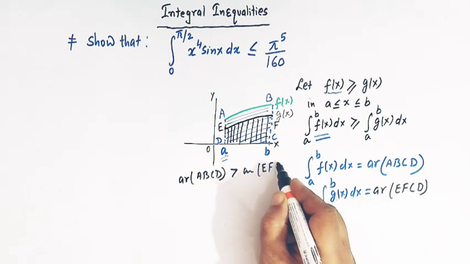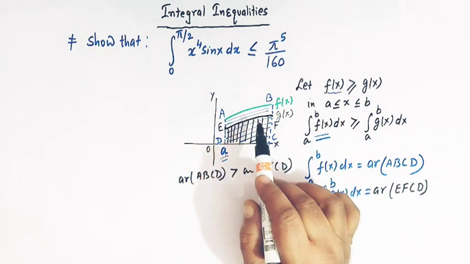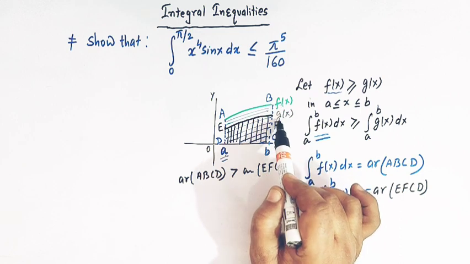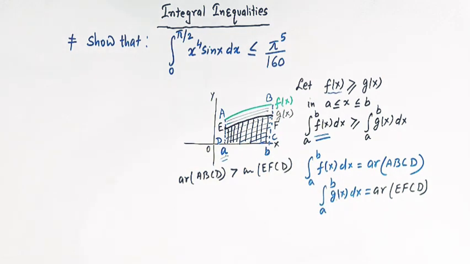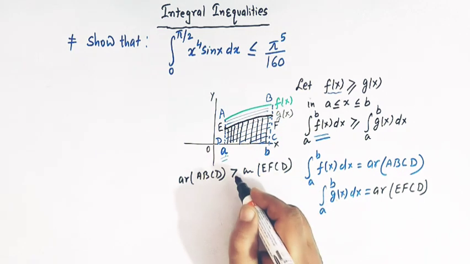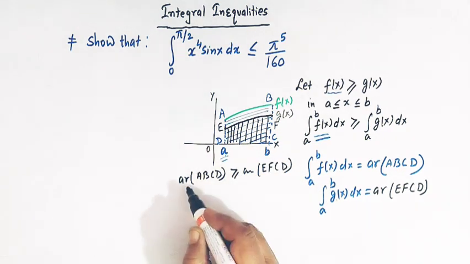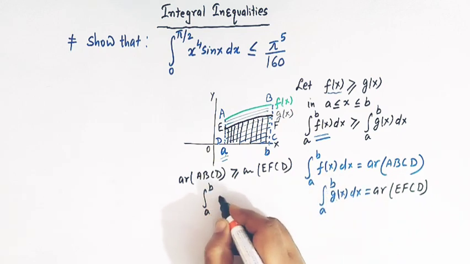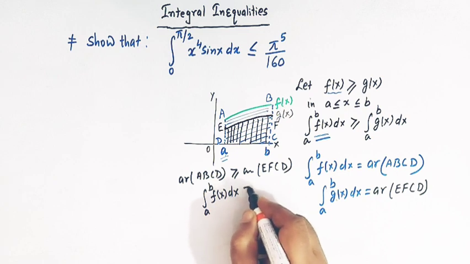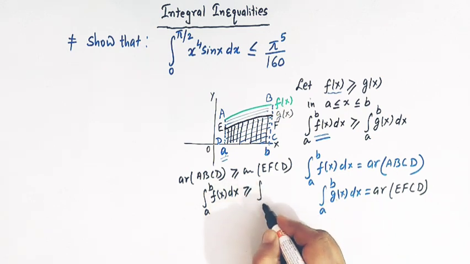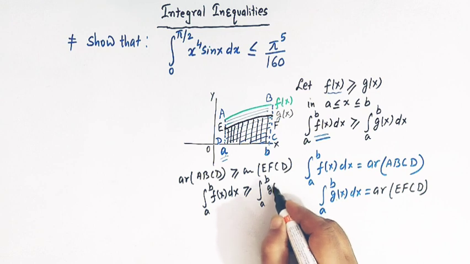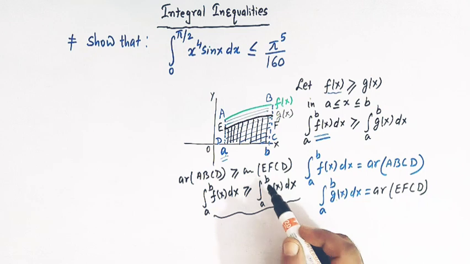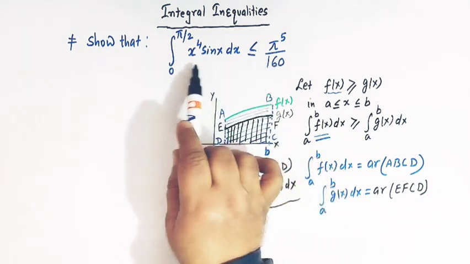We have already said that the equality holds when the functions f of x and g of x coincide. So the integral a to b f of x dx is greater than or equal to the integral a to b g of x dx. This inequality shall be used to prove this statement.